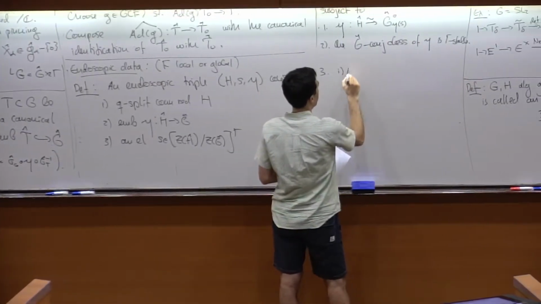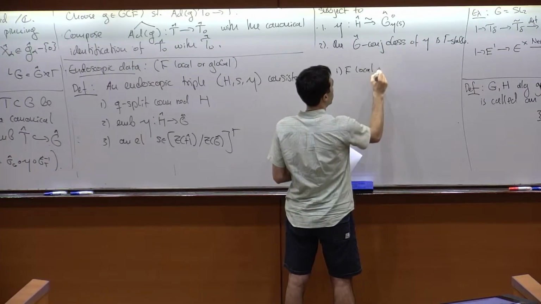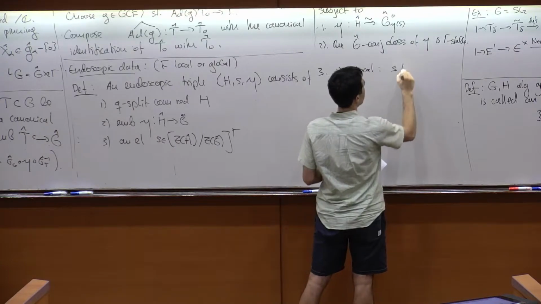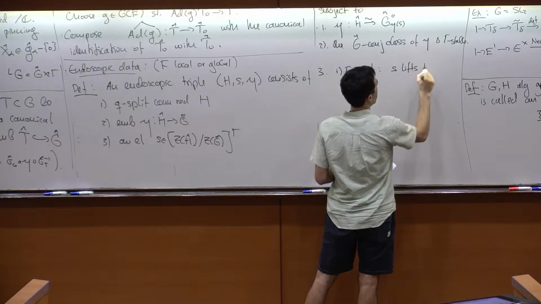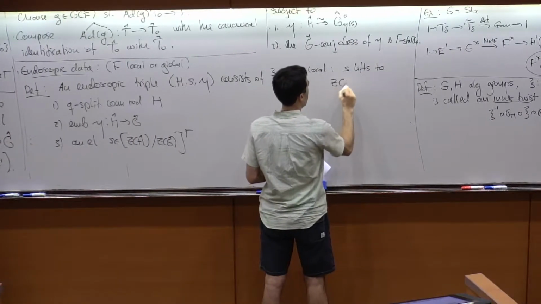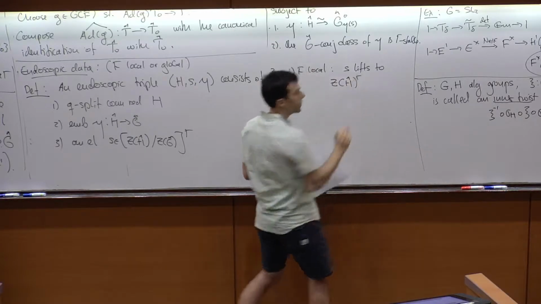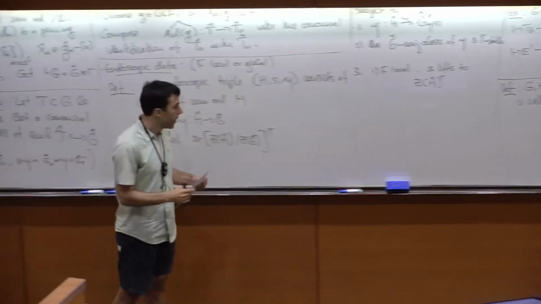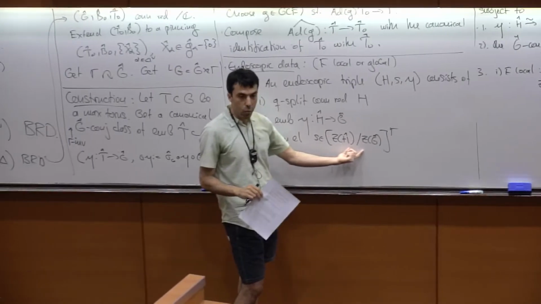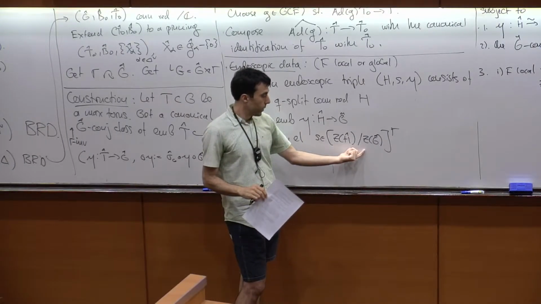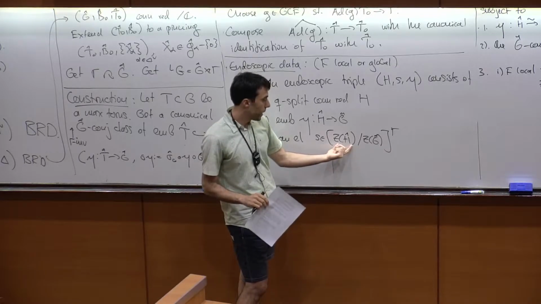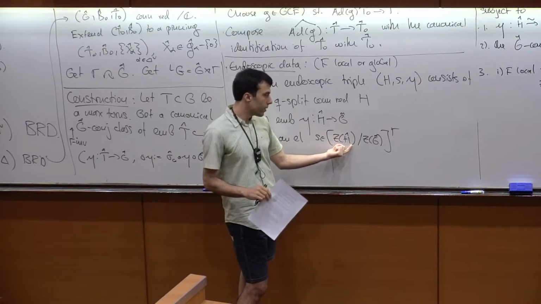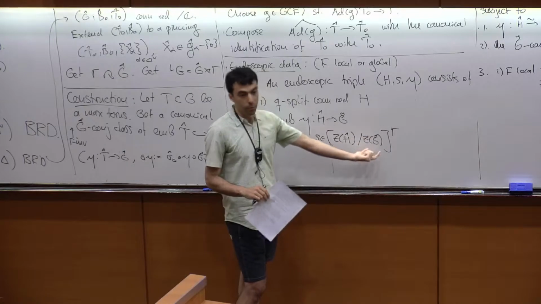So 1, F local, is going to say that S lifts to a Galois fixed point in the center of H hat. At the moment, it's a Galois fixed point in this quotient, but you'd like to be able to, in other words, you can think of it as an element of ZH hat that's not necessarily Galois fixed, but it's Galois fixed up to the center of G hat.